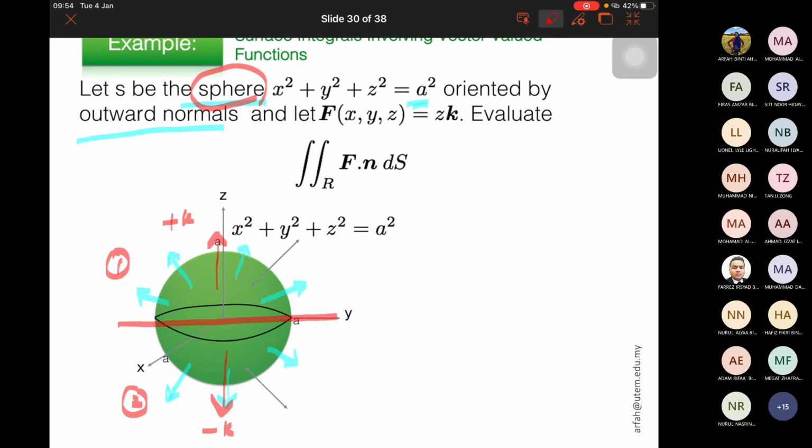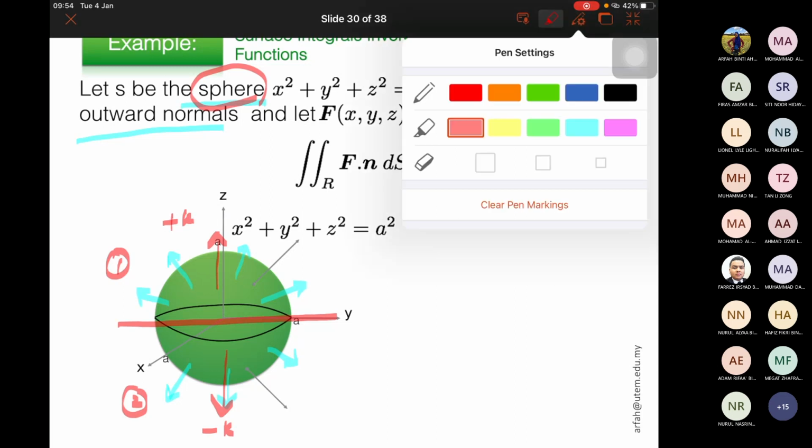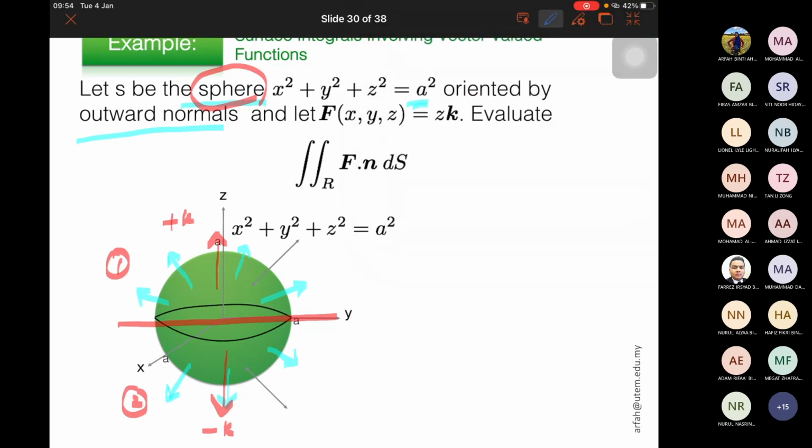So macam mana kita nak dapatkan dia punya integration for this vector function? Kita akan gunakan formula sebelum ni, the first slide sebelum ni. So you are going to have integration over the bounded region S of F dot n dS, it will be equal to integration over the bounded region R of F dot negative delta z over delta x i minus delta z over delta y j plus k dA.